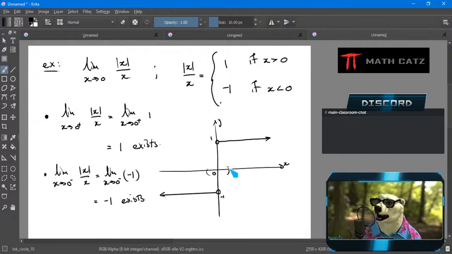So I want to make my x window smaller and smaller around 0. And as I do that, is my y value getting closer and closer to a specific number? Only one number. That is the question. And if it does, then the behavior is stable, limit exists, and so on.